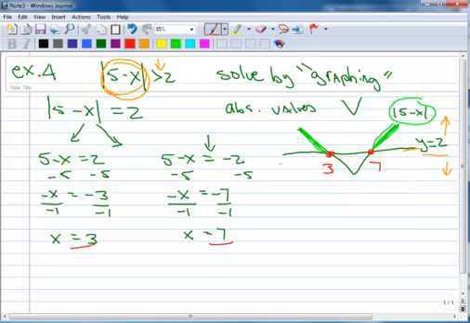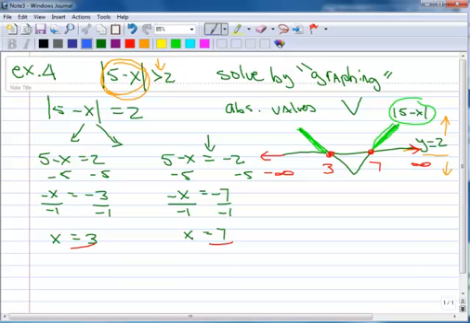Remember that this line continues way out here, and this line continues way out here. If this is 7, then way out here is infinity. If this is 3, then way out here on the left is negative infinity. Now let's write our solution in interval notation. Let's look at the left-hand side.